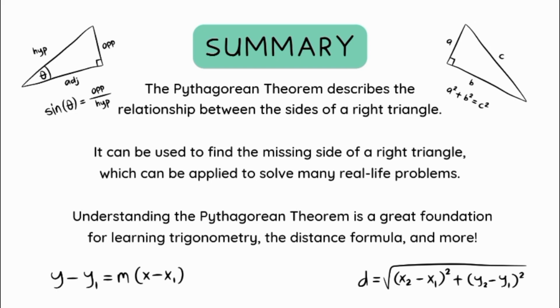We use the formula a squared plus b squared equals c squared to find the missing side. This theorem is widely used in mathematics, engineering, construction, navigation, and many other fields. Understanding the Pythagorean theorem also helps us prepare for more advanced topics such as trigonometry.